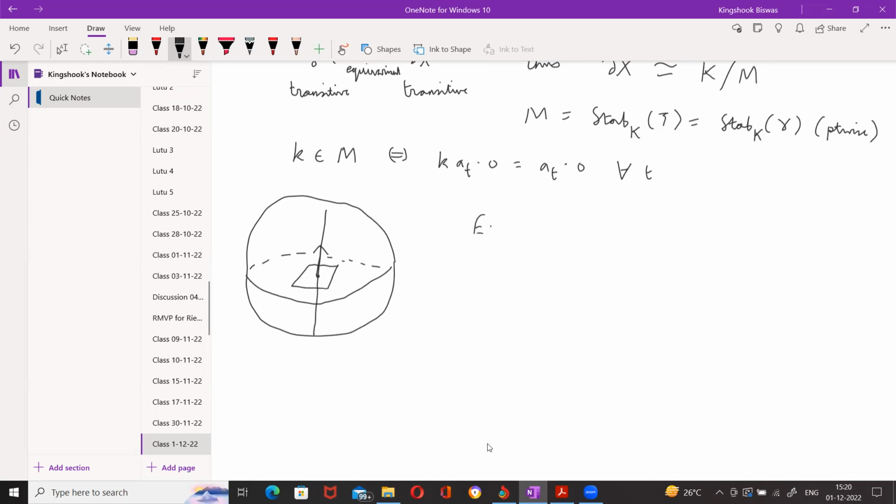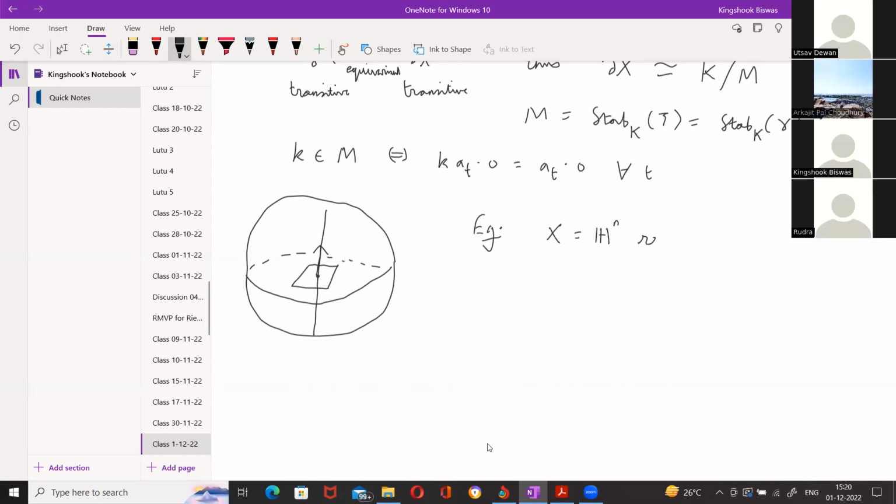For example, if X is equal to real hyperbolic space, then K is equal to SO(n) and M will be equal to what?